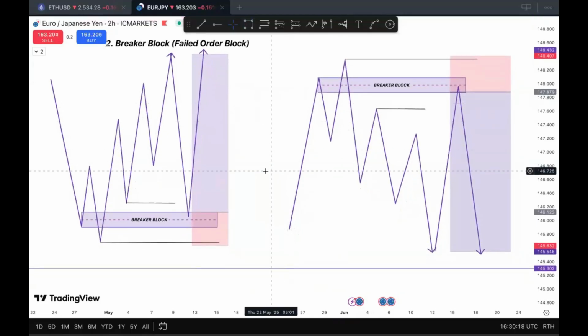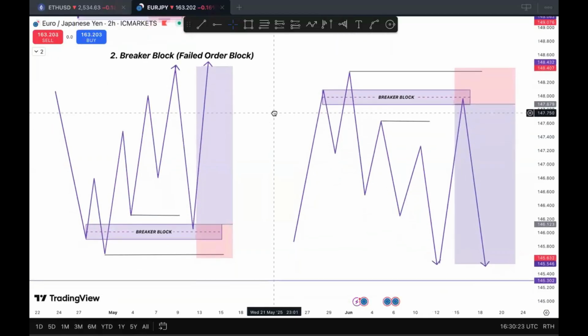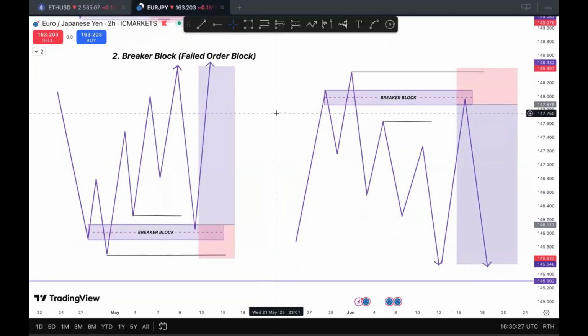Now, let me settle this once and for all. You may be asking, how do I know whether to use the breaker block or the order block to place my order? It's very simple.